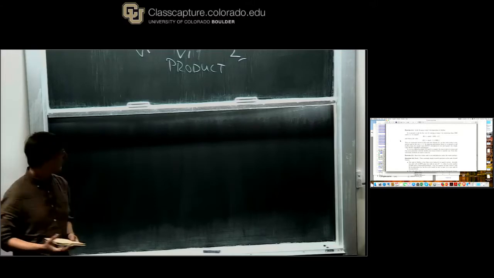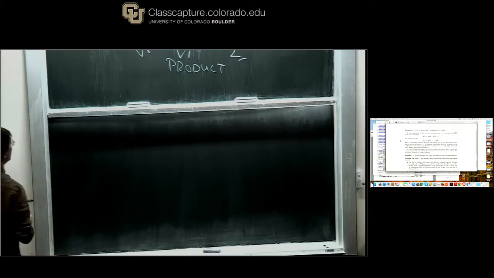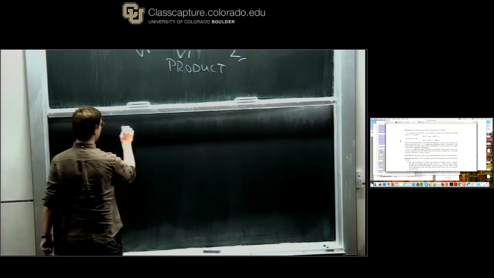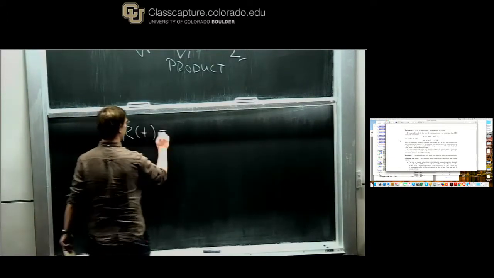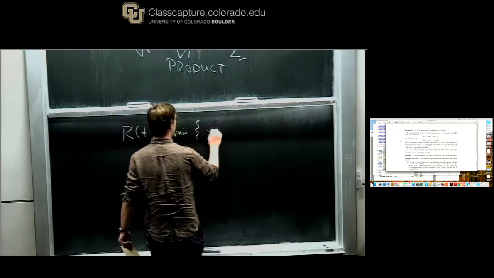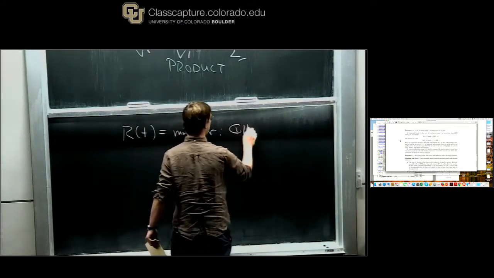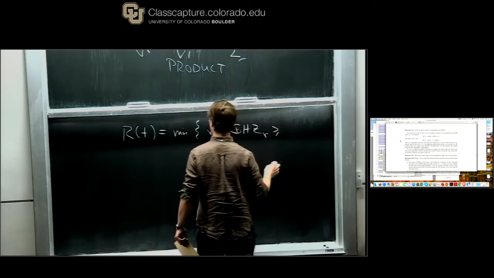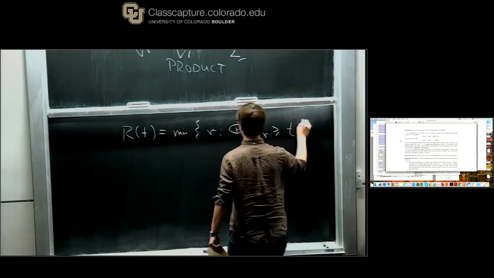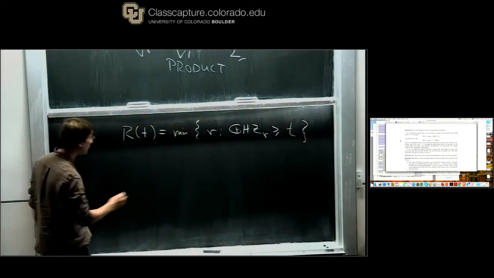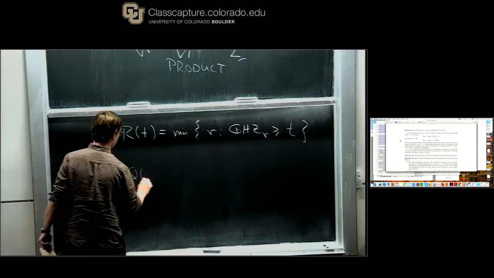But before I discuss that, let me remind you of the definition that we had of the rank of a tensor. That was the minimum R such that the GHZ of R restricts to the tensor T. Then someone asked, what about that?